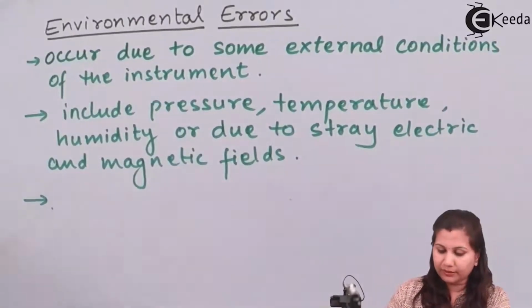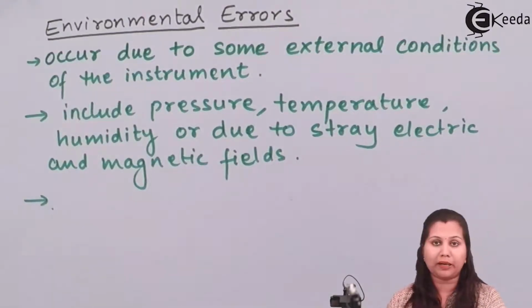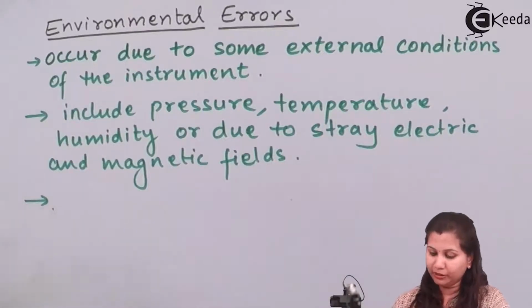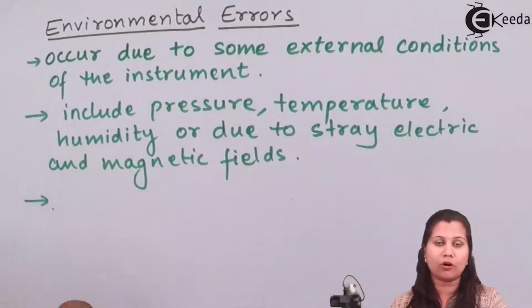We can reduce the environmental errors by, if there is any change in pressure, trying to maintain the temperature surrounding the instrument as constant, so that no changes can occur due to temperature. Humidity should also be maintained, so we will try to maintain all the external conditions as constant around the instrument.